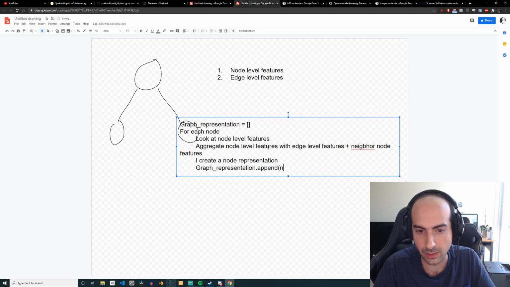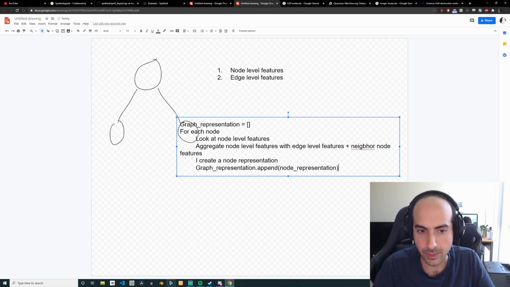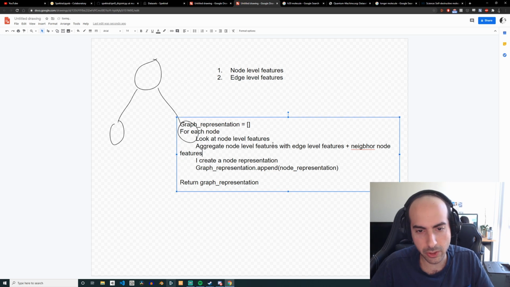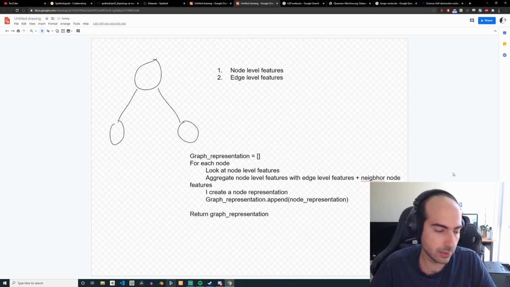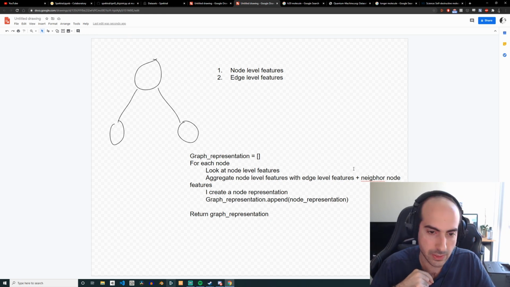Then you just return the graph representation. While this feels like very high level pseudocode, it does map very closely to what these libraries do. We'll go over some actual code to see how this all works.